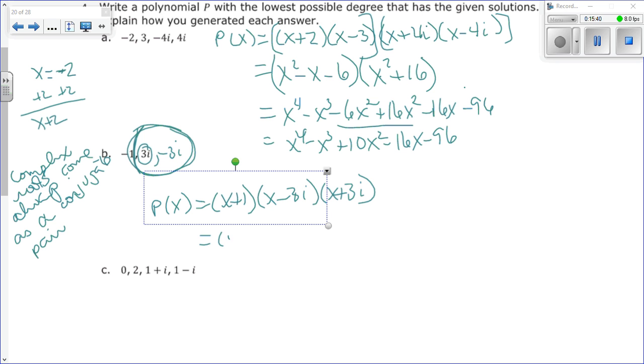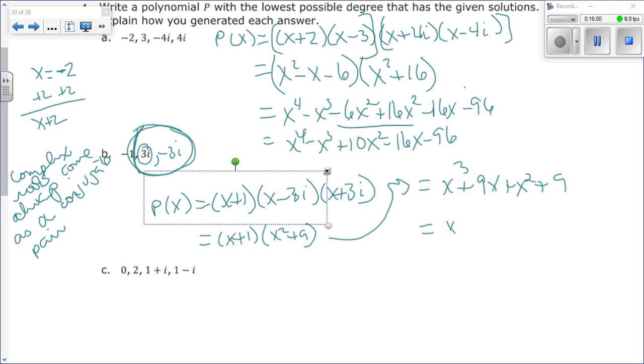So this will be x plus 1, and I'm going to multiply those two together, and I'll have x squared plus 9. So I will have x cubed plus 9x, and then plus an x squared plus a 9.